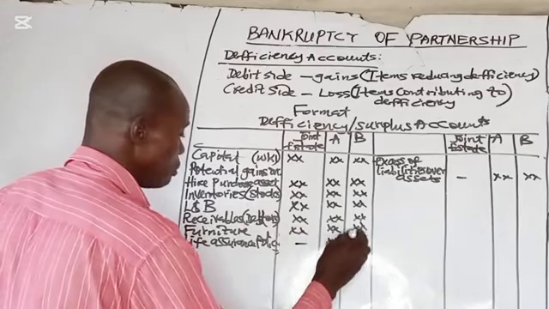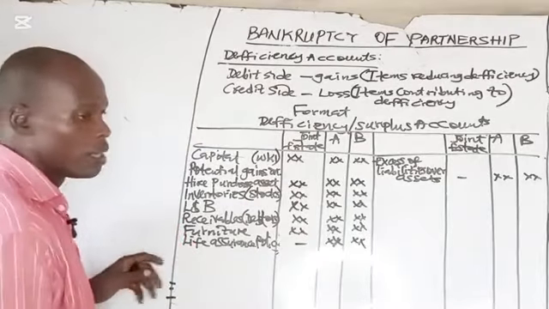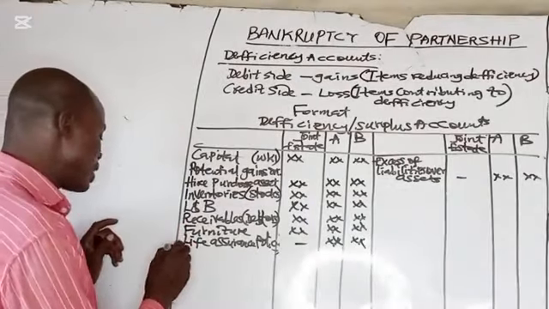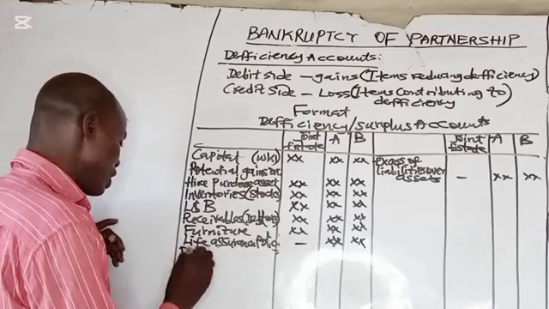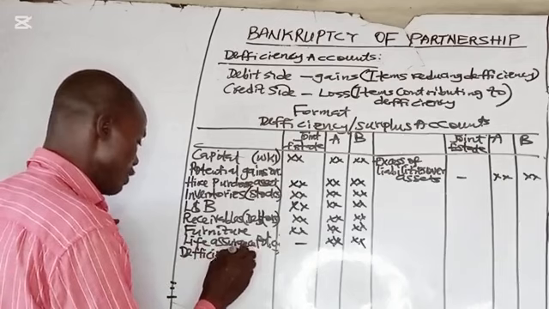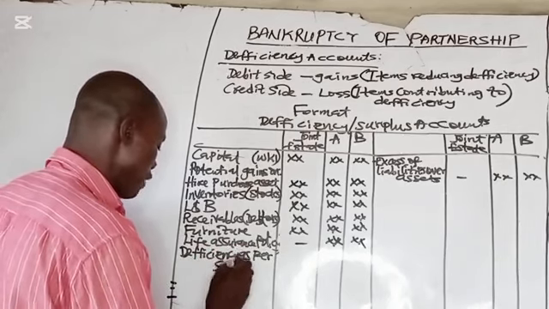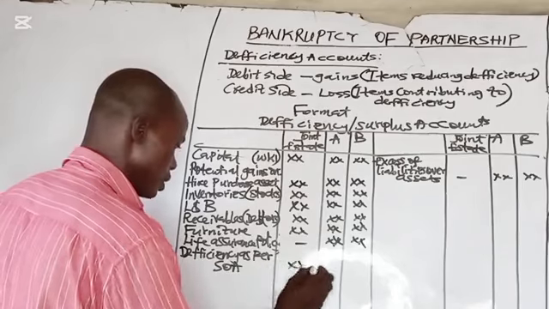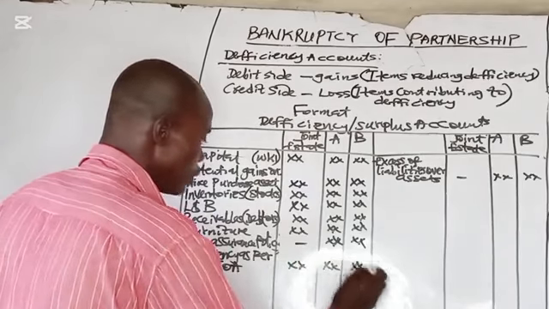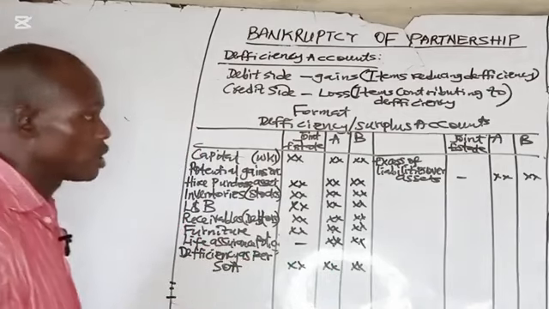Let's assume A and B have life assurance policy. Then you have the deficiency as per statement of affairs, the statement of affairs you have prepared. So I've told you either you have the deficiency there or you have the surplus.